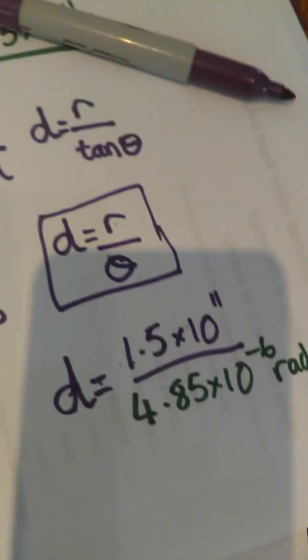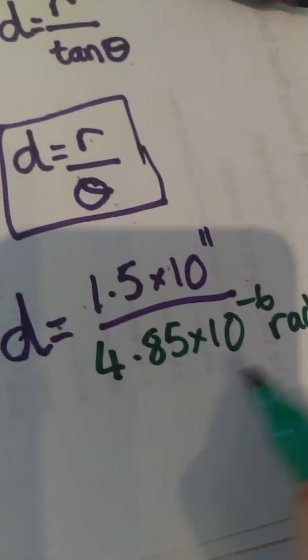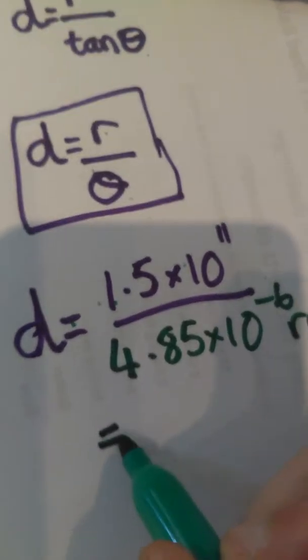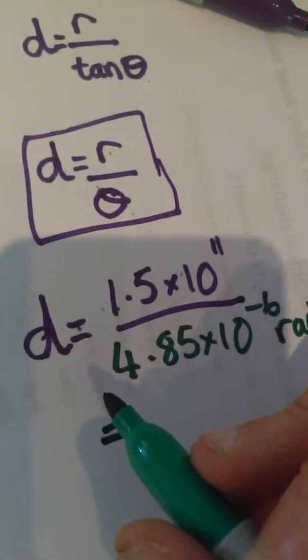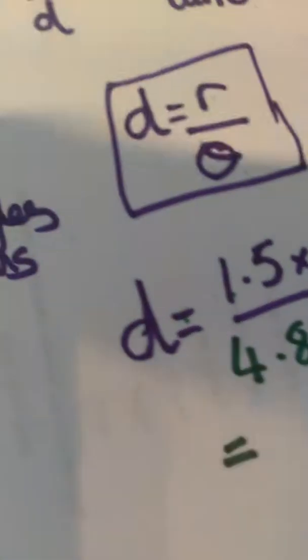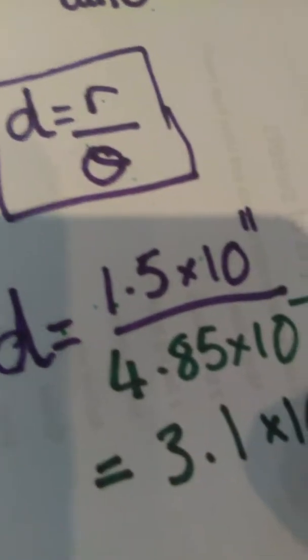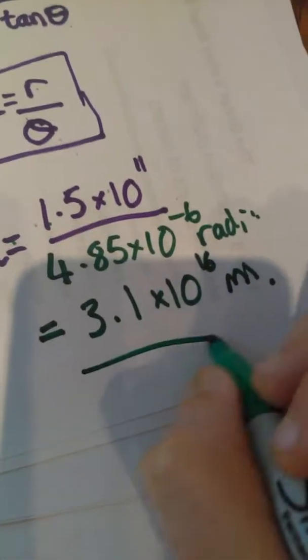So to find the distance, I would do 1.5 times 10 to the 11 divided by that angle in radians, and it comes up to be 3.1 times 10 to the 16 metres, which is what 1 parsec is in metres.